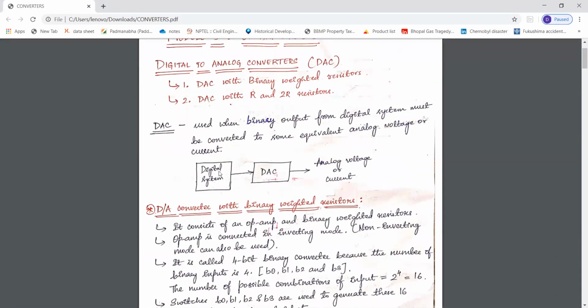It will obviously be the binary output. So basically, binary input is given to the DAC and we get an equivalent analog voltage or current. First we have the digital to analog converter with binary weighted resistors.